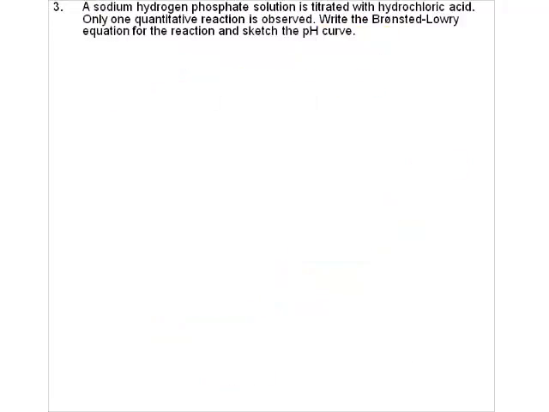One more for the road. Here's another one that says sodium hydrogen phosphate is titrated with hydrochloric acid. It says only one quantitative reaction is observed. Write the Bronsted-Lowry equation. Okay, so sodium hydrogen phosphate, what we're looking at here is that you may have to check out your table of complex ions here to figure out what hydrogen phosphate is.